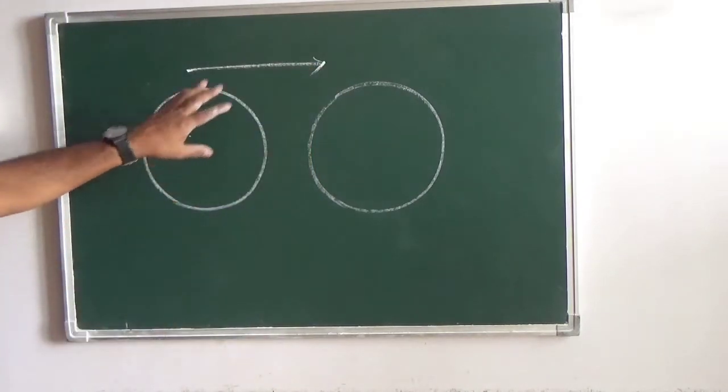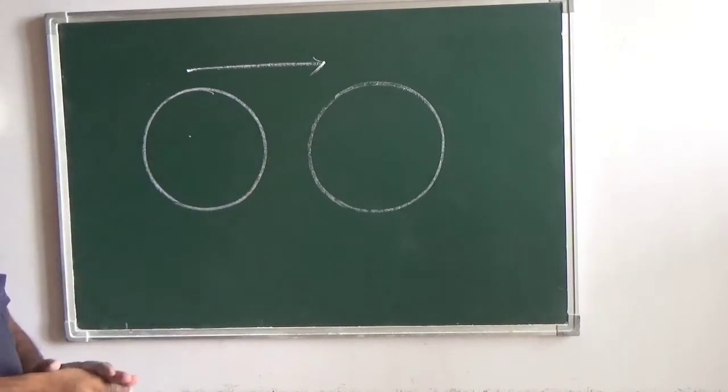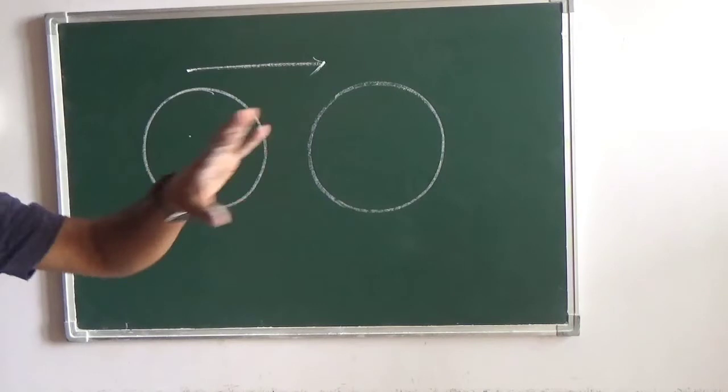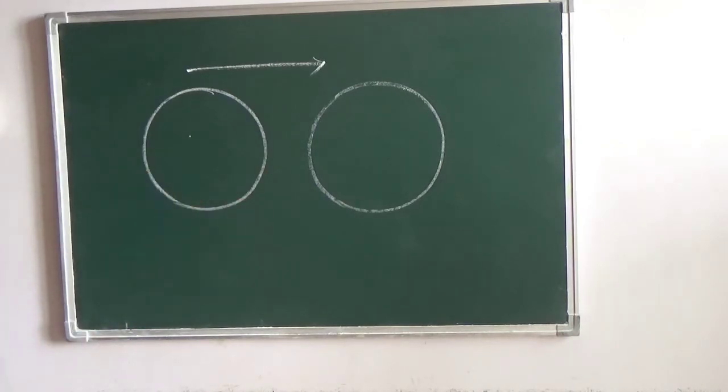So for this particular case, when you have to produce some identical objects, the concept of congruency comes into act. Okay, so now we will understand this with the help of some examples.